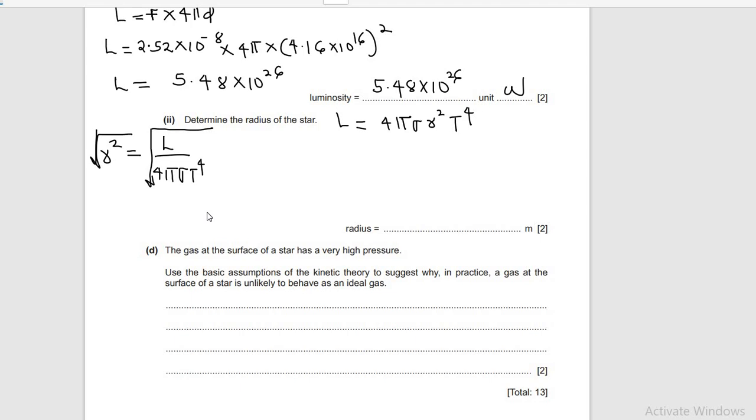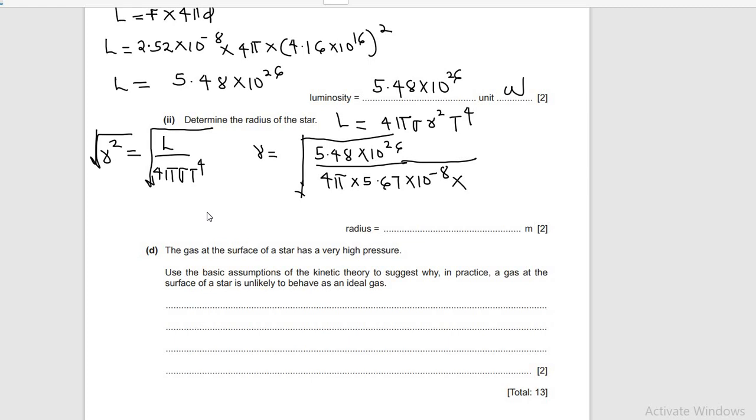So the radius will be L, which is what we obtained previously, 5.48 times 10 to the power of 26, over 4 pi, the constant. The Stefan-Boltzmann constant is 5.67 times 10 to negative 8, found on the front page of your question paper, multiplied by the temperature.